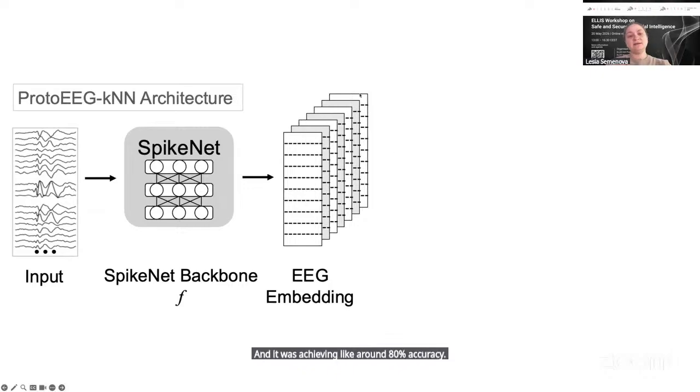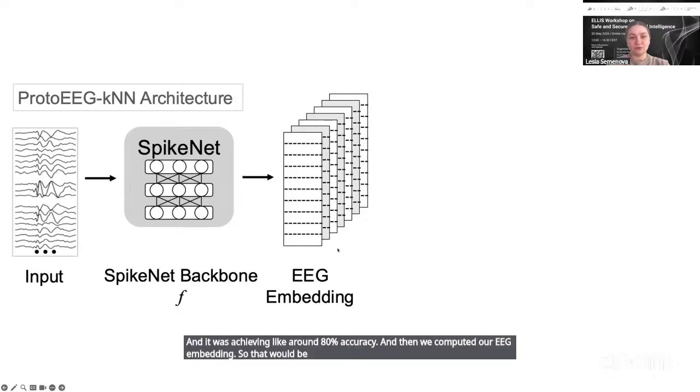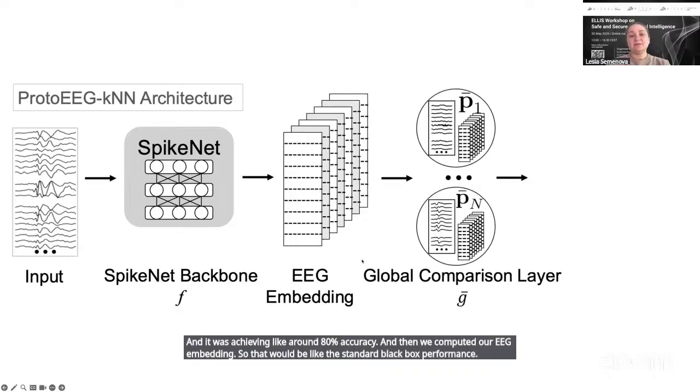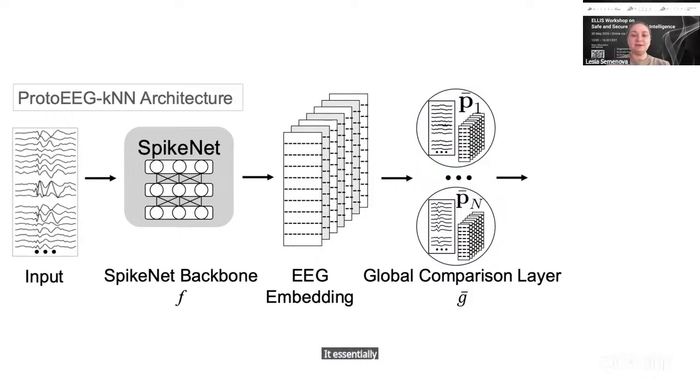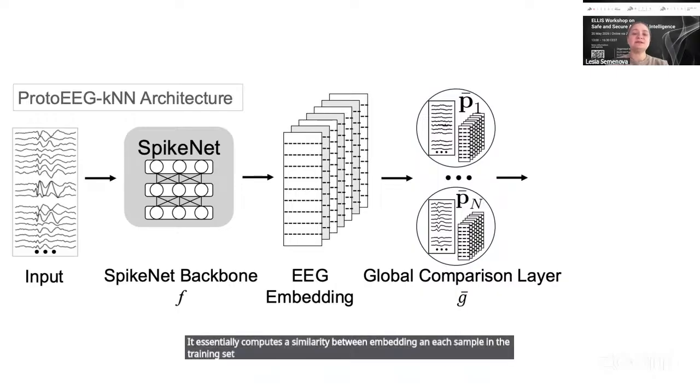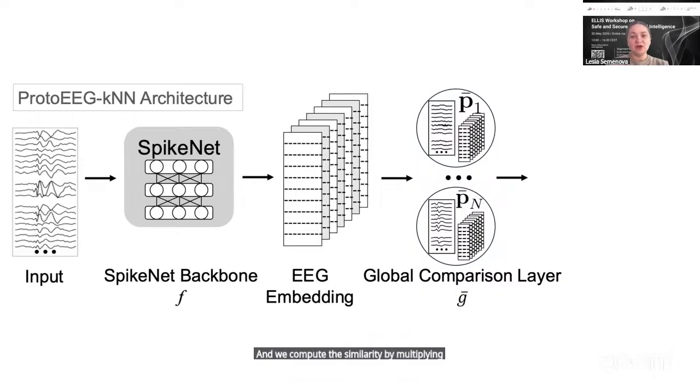Then we computed our EEG embedding. That would be the standard black box performance. But then we added something new, which is a global comparison layer. It essentially computes the similarity between the embedding and each sample in the training set. And we compute the similarity by multiplying each channel's similarity by a channel-wise weight.